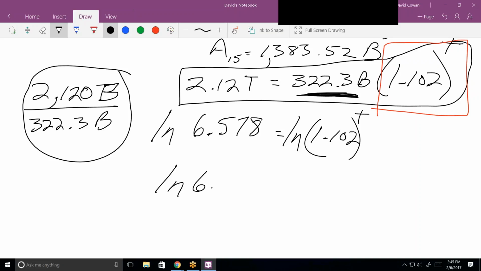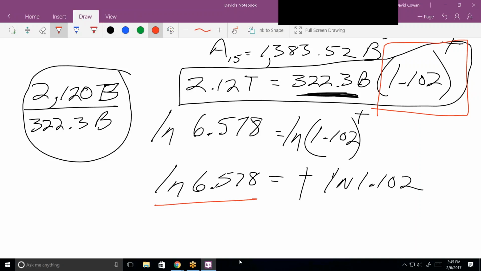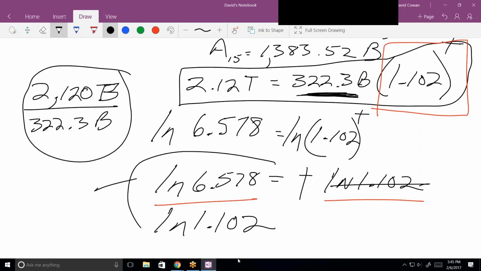So you end up with this equals t times natural log of 1.102. And notice that that's just a number you can get out of your calculator. So now we've turned it into an algebraic problem. We can solve this one algebraically by dividing both sides by natural log of 1.102. So I'm going to divide both sides by that, and that's going to give you your answer.